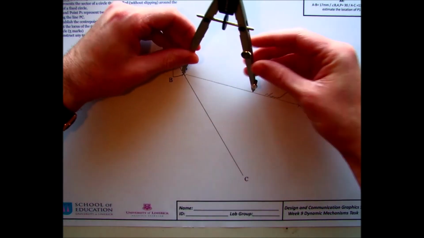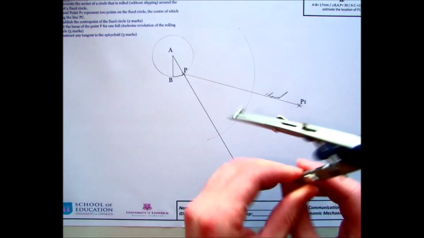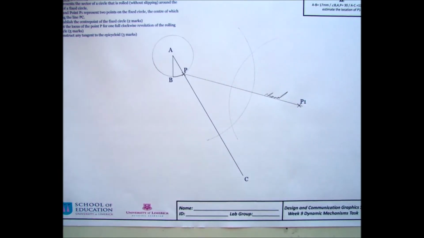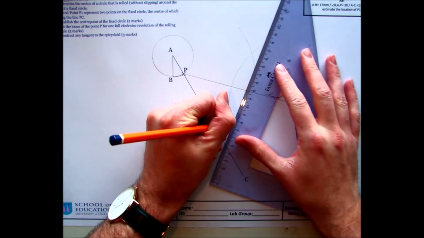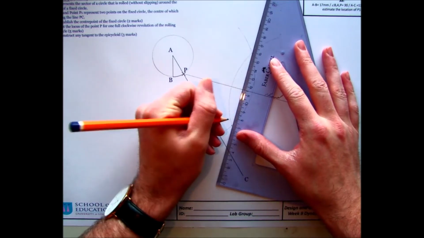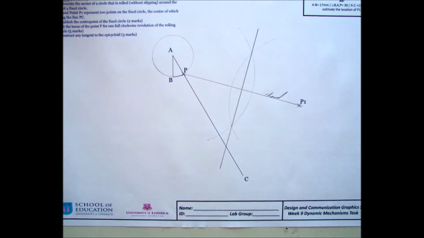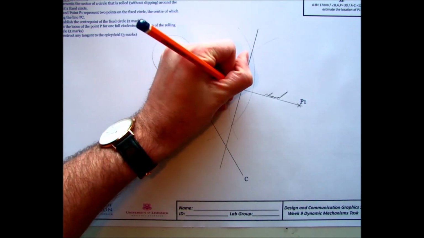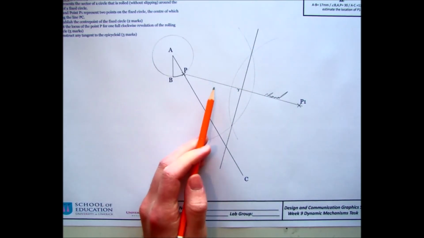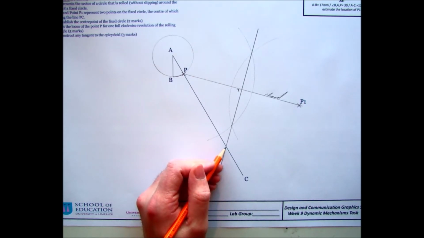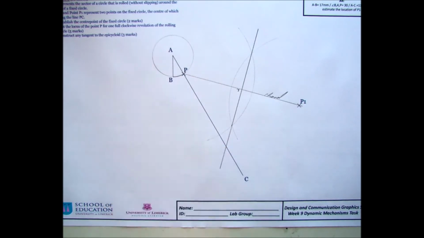So extend here, like so. As you can see, this is going to be 90 degrees to that particular line PP1, where our new line intersects the line PC should be the central point for a circle that travels through P and P1.